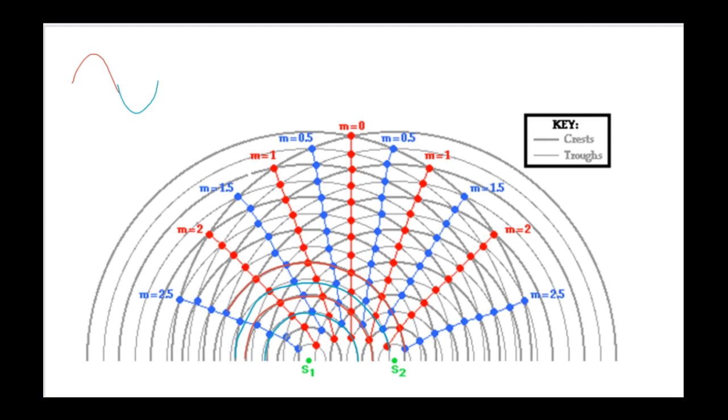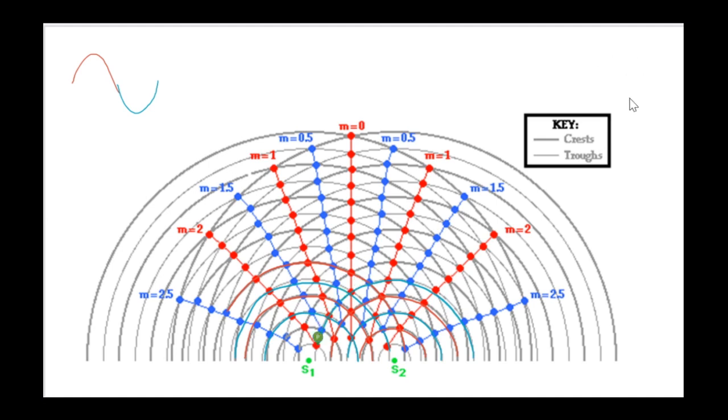So for this light, this represents the crest, this represents your trough, this represents your crest, this represents your trough. Fine.